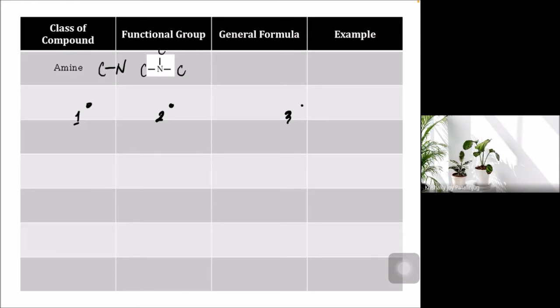When the amine is primary, the nitrogen is directly bonded to only one carbon. The rest are hydrogen.